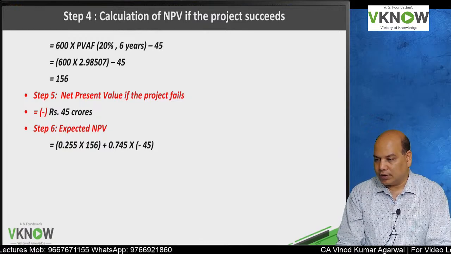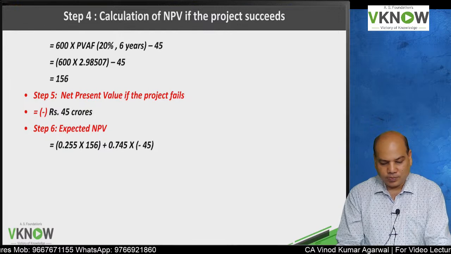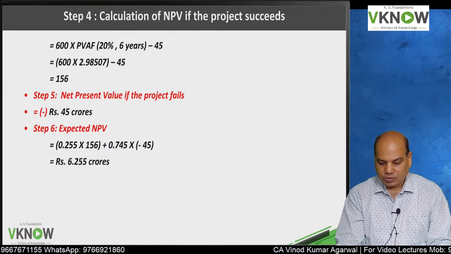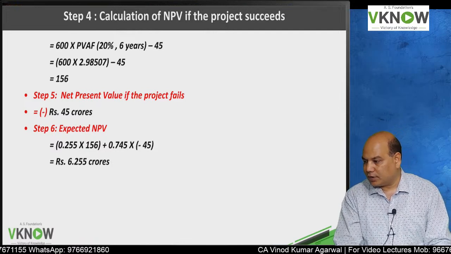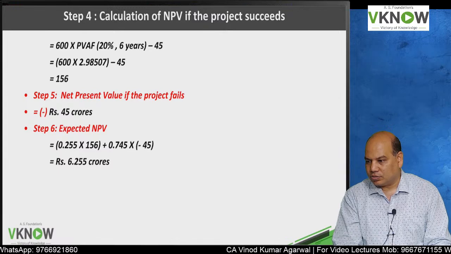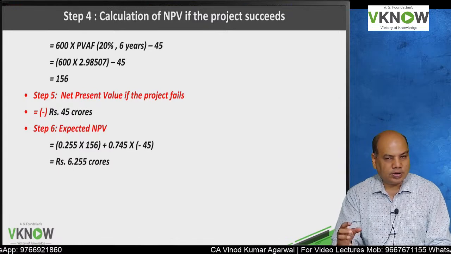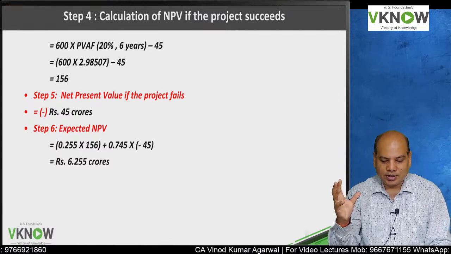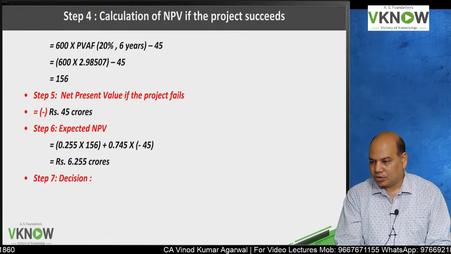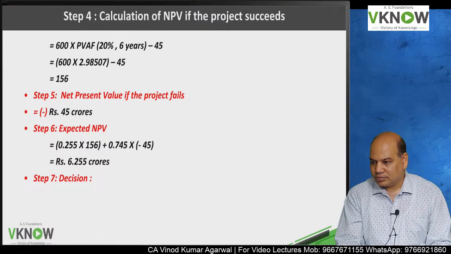Just quickly reply. I want you to reply fast. Expected NPV will be 6.255 crore. This is how the venture capitalist takes a decision. It is positive. So what do I do?